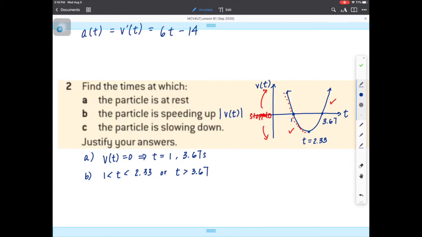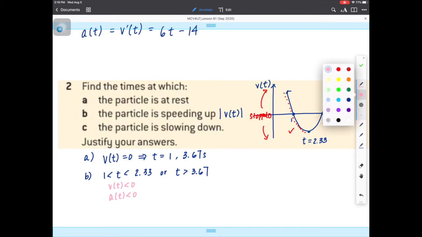You may also notice that if you have graphed your acceleration function, you will notice that when the object is speeding up, the velocity could be negative, but what must be true is that the acceleration is also negative. If you have not made this graph for acceleration, you can also tell by considering the gradient of the graph during this time.